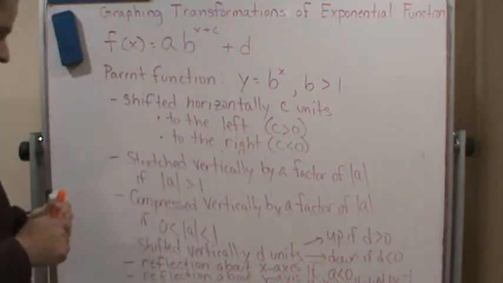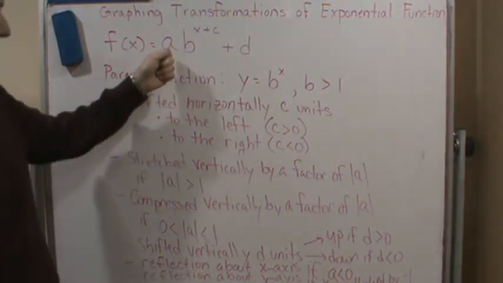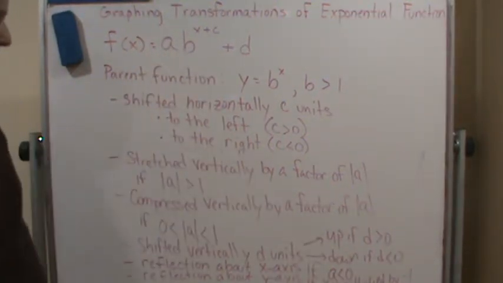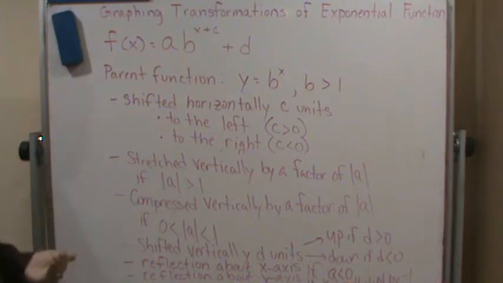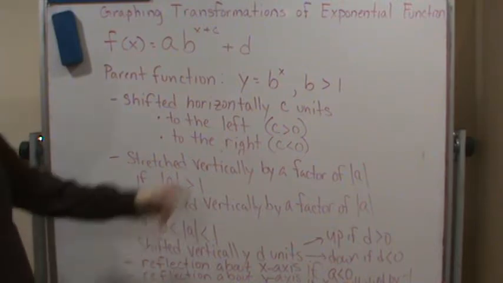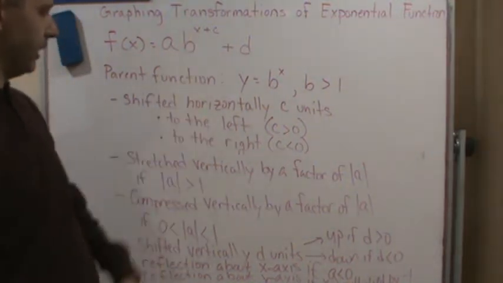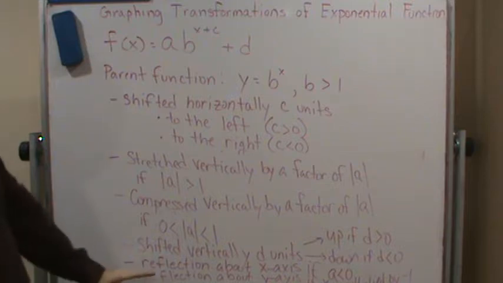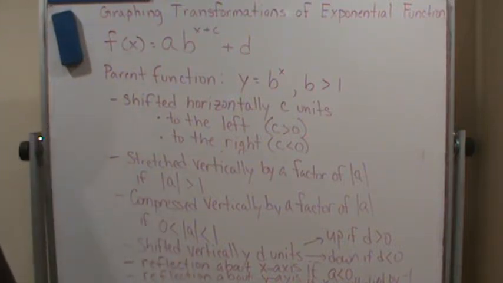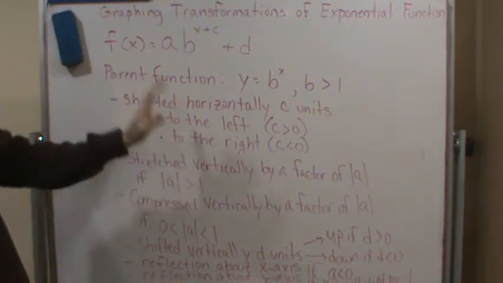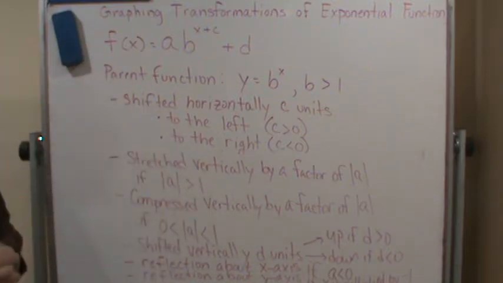So when a is negative, then it's going to be a reflection about the x-axis. Now, if you're multiplying x by -1, then it's going to be a reflection about the y-axis, and that's it. So those are the general transformations. So again, you could have all of these in a problem.